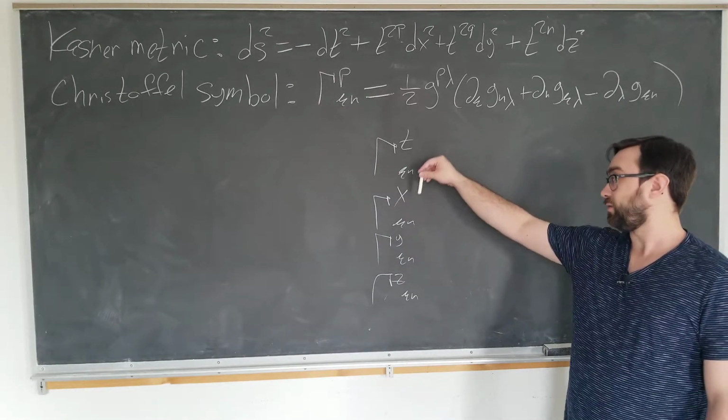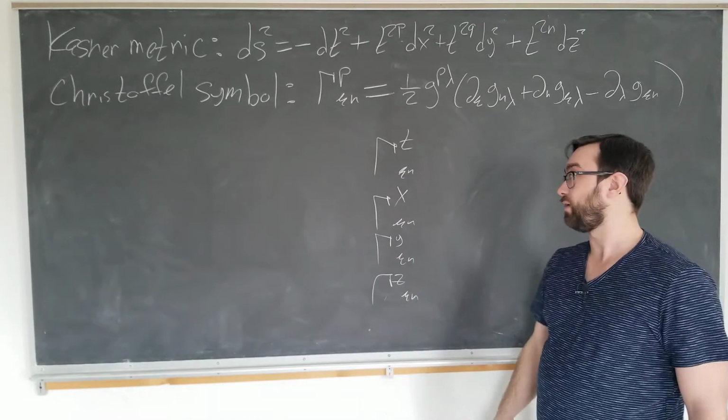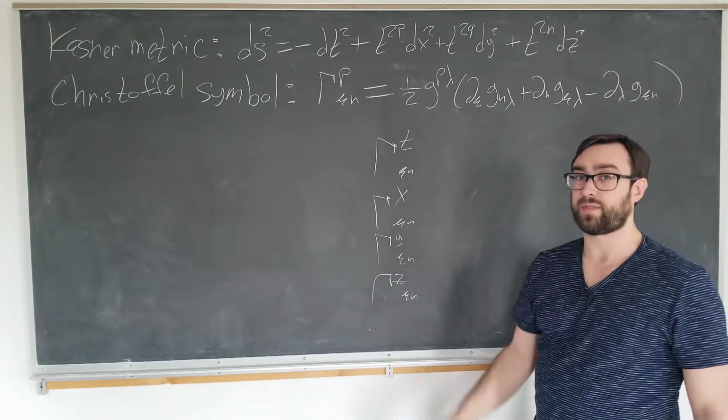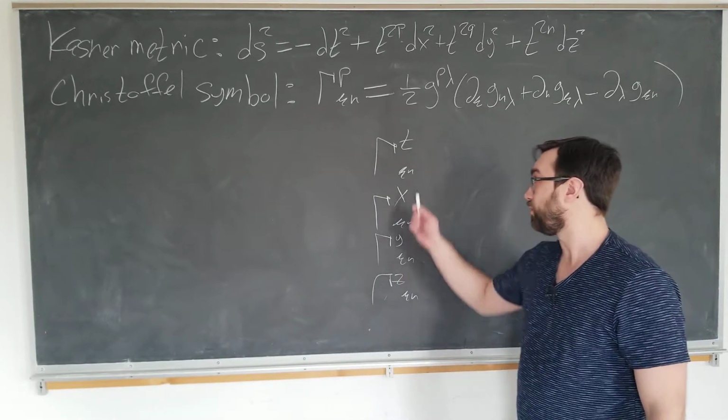And they get easier as you go forward because along the way you find out that certain combinations are also going to be 0. I'm going to skip that argument. I'm just going to tell you which ones are non-zero, and if you're interested, you can go through this argument as well.